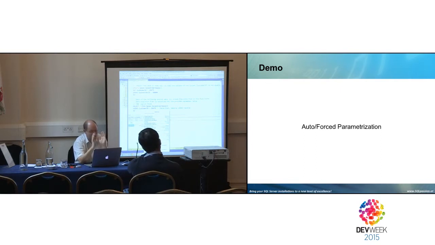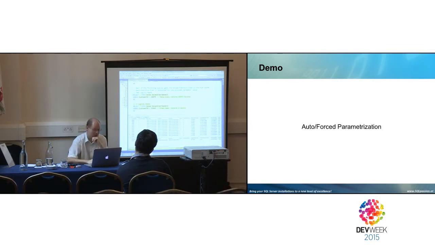SQL Server was also not able to auto-parameterize that query because it's not safe to auto-parameterize that query, because with a different input parameter value, you get a different execution plan. So as you can see, almost two identical queries, two different execution plans. In that case, SQL Server isn't auto-parameterizing your query because it's not safe.